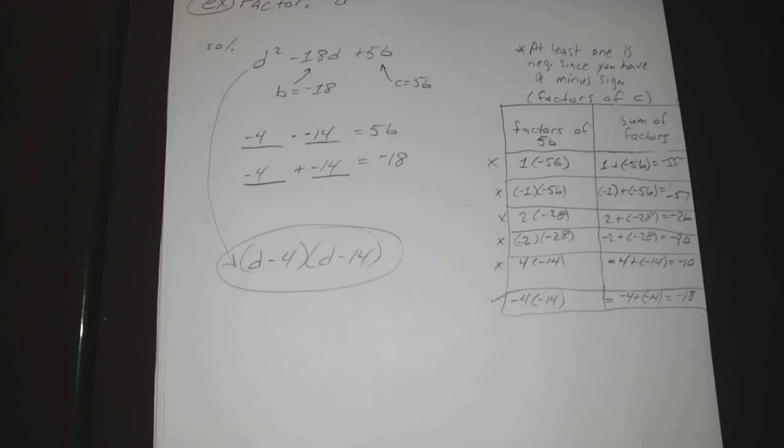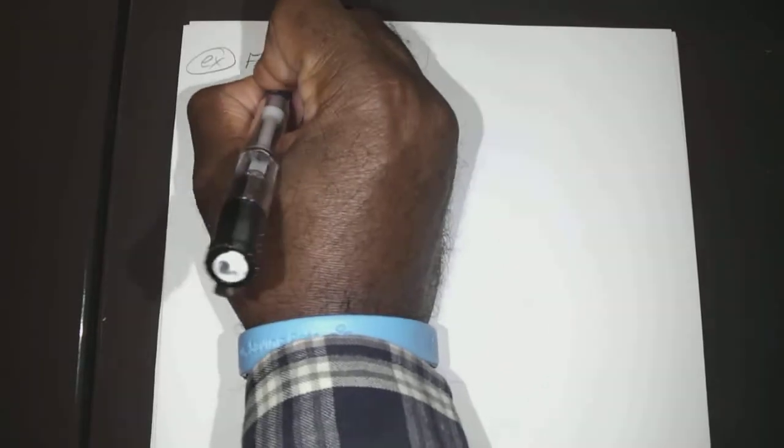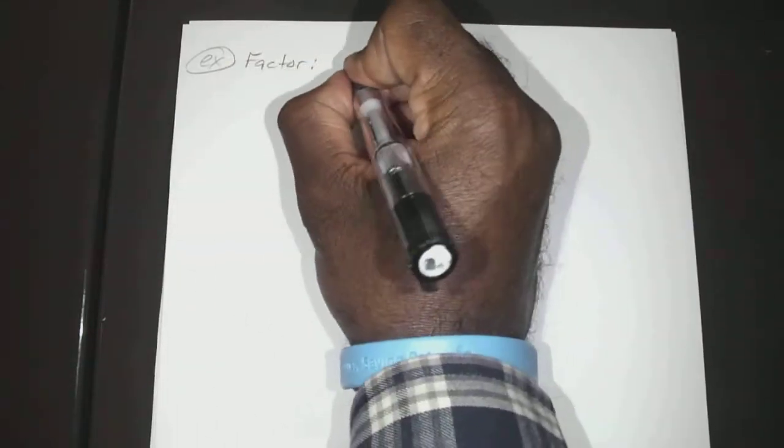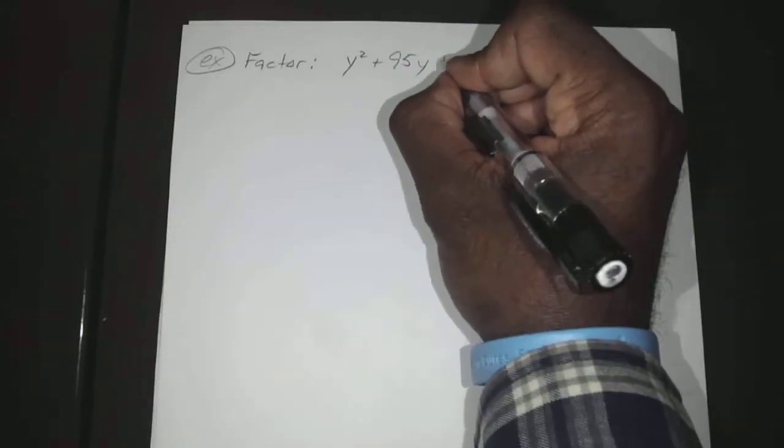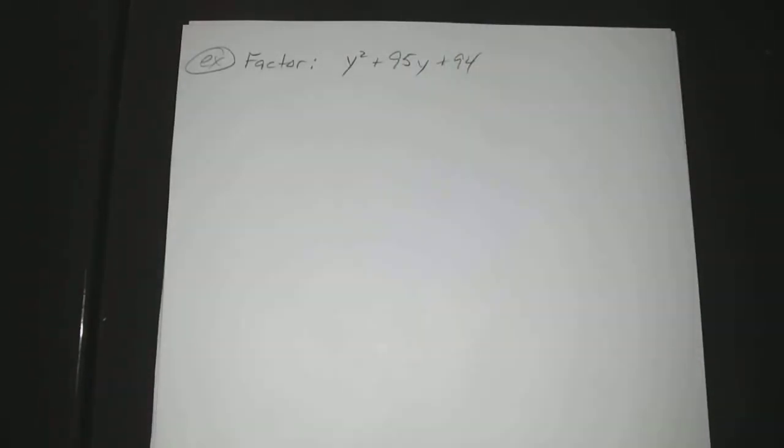Okay, so let's say we want to factor y squared plus 95y plus 94. Now when you see they just differ by one value or one number, then it's pretty straightforward. Those are pretty easy.